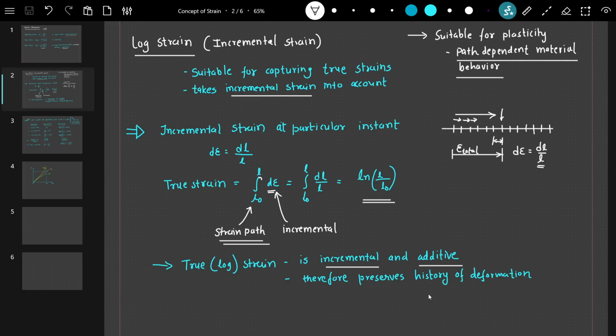Now for the next increment of load, this permanent deformation which happened prior will affect the next deformation. So we say the plasticity material is history dependent or path dependent material behavior, because what happened earlier, like plastic deformation or permanent deformation, is going to affect the future deformation path. So hope this is clear.